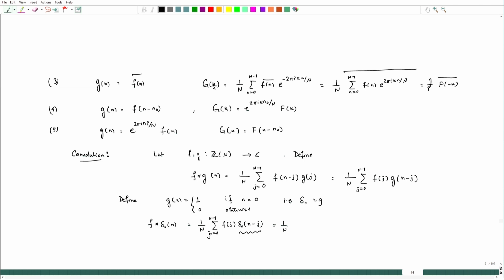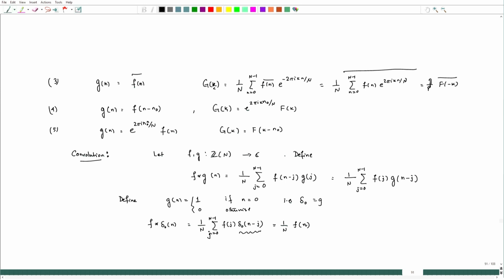So, whenever j is equal to n, the term survives, and for the rest of the j, delta 0 would be 0. So, the only term which survives is f of n.